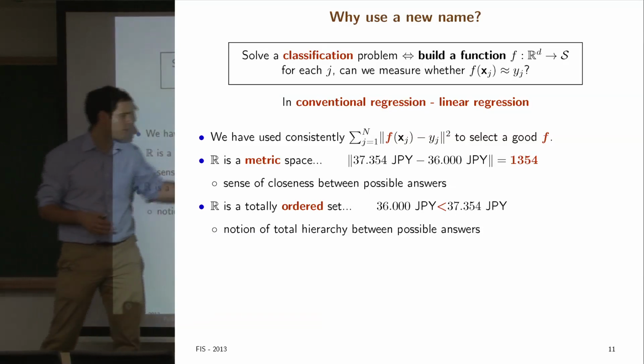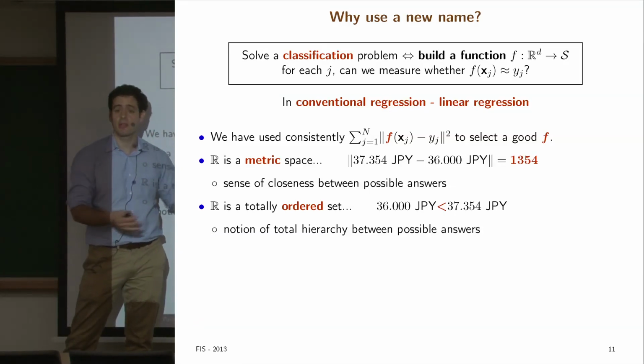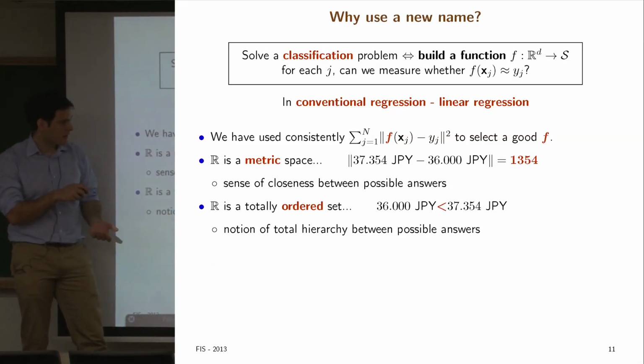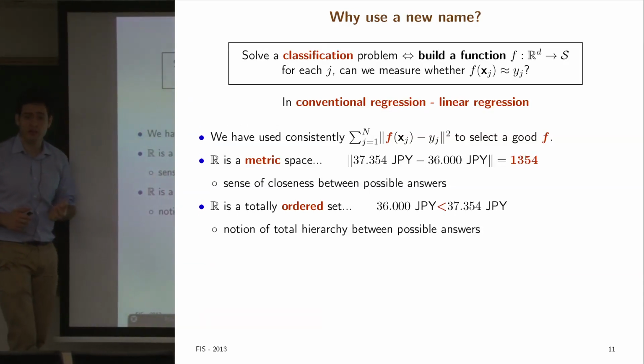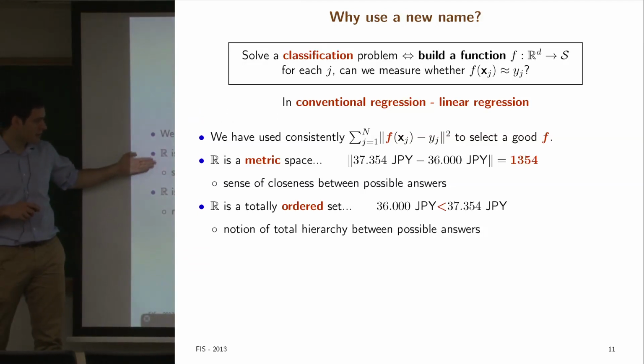If my prediction had been 36,200 yen, it would have been an excellent prediction, right? So that quantity, the difference, the absolute value, whether you square it or not, is probably a good measure of how wrong or right my prediction is. And this is given to us because R is a metric space.